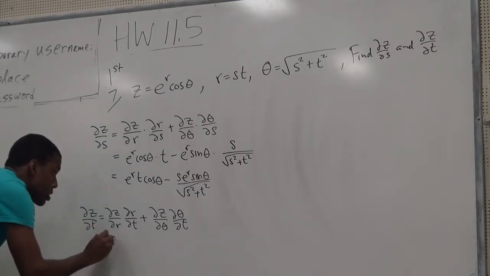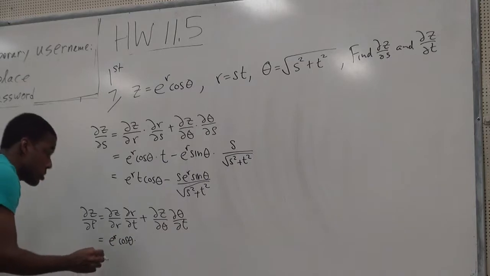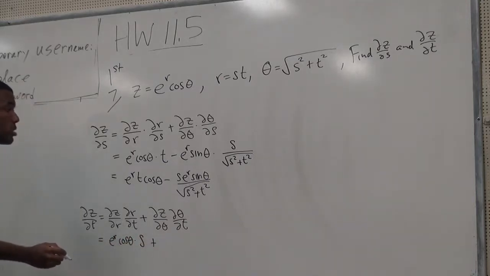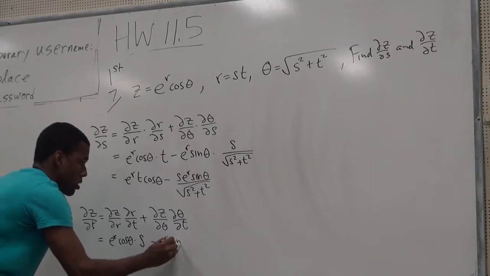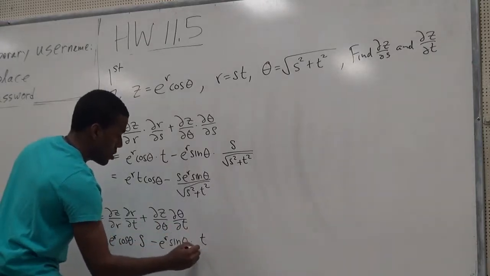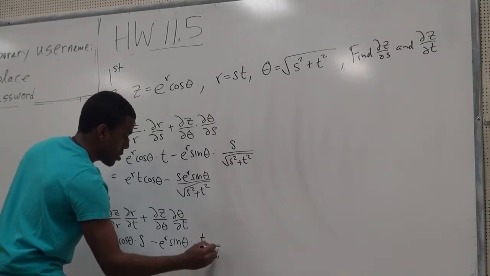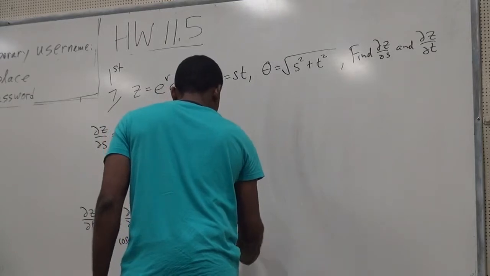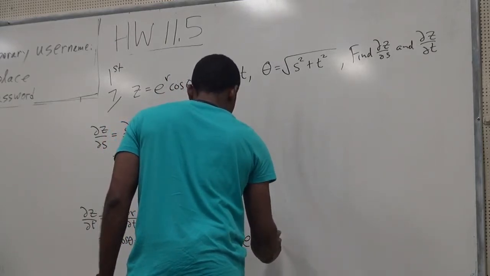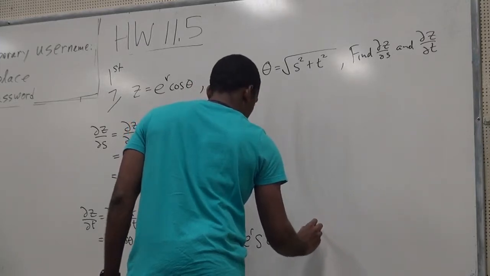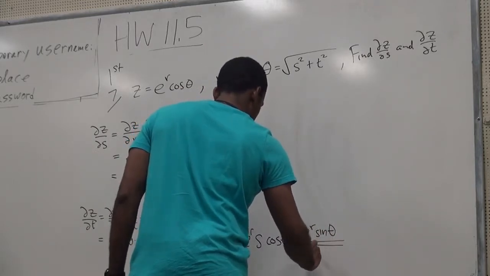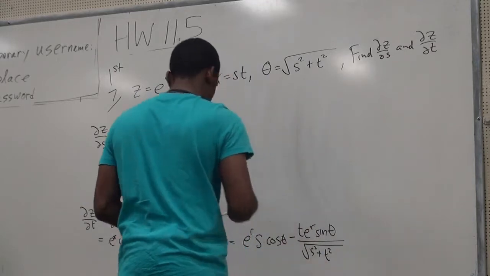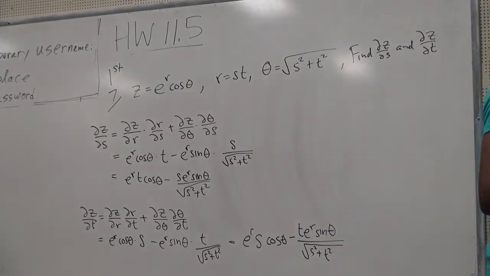And so that's e to the r cosine theta times partial r with respect to t, which is just s, plus partial z with respect to theta, minus e to the r sine theta, times t. Okay, and that's it.